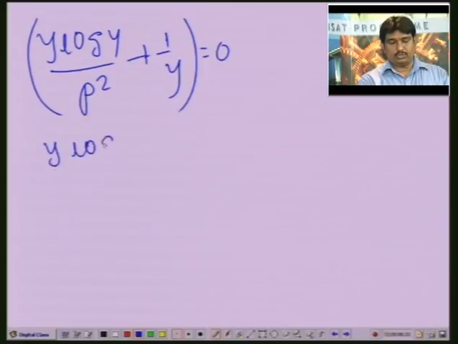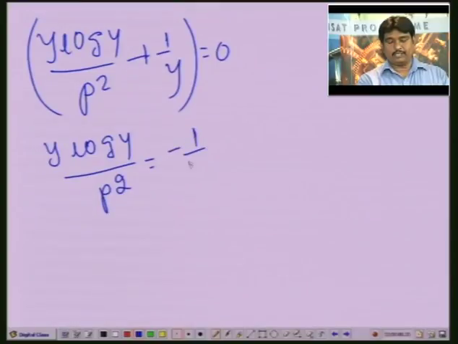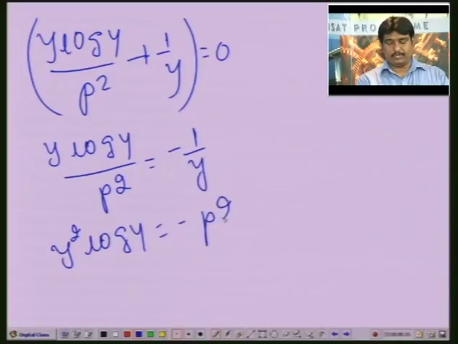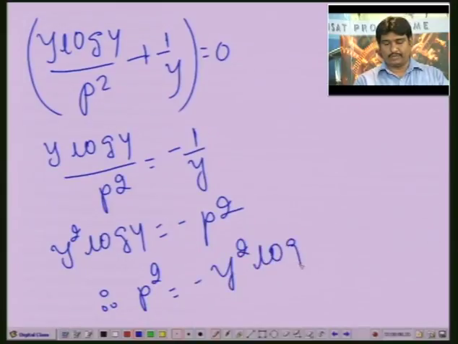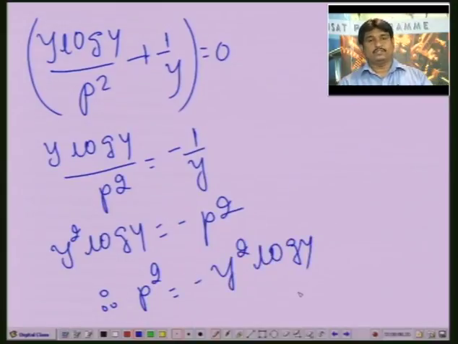It's y log y divided by p square equals minus 1 by y, or else y square log y equals minus p square. Therefore, p square is minus y square log y. This is the p square value.